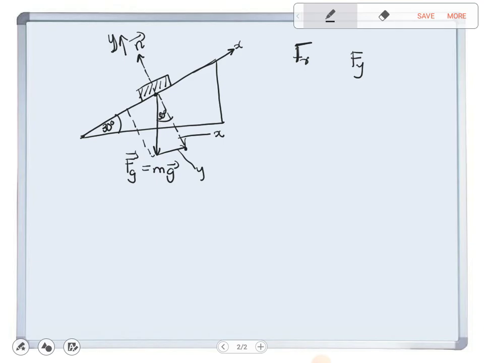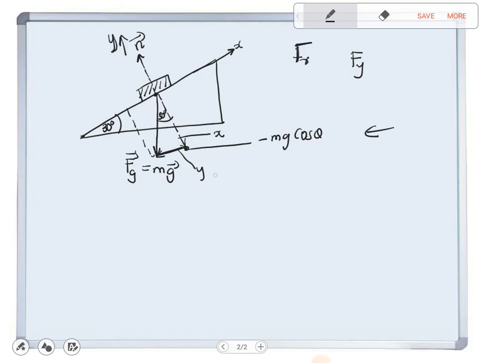That means this force which is pointing downward here will be minus mg cos theta. Then this one here in the y is also pointing in the negative direction. Remember, it's pointing like this, so it's going in the opposite direction, right?